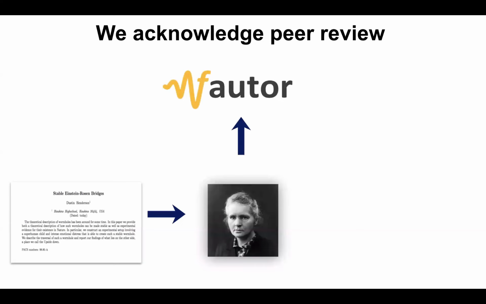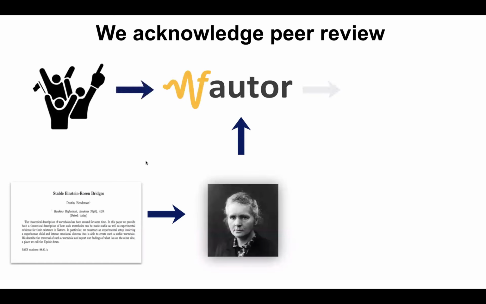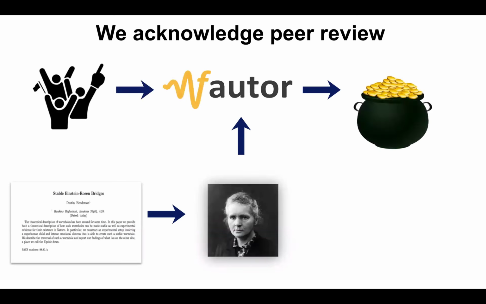And what happens then is that over the course of a year, Fautors on the platform can donate to Fautor, which creates a pot of coins. So you can donate specifically to what's called the reviewer's pot. And this reviewer pot is just donations from Fautors specifically for authors who have reviewed articles.